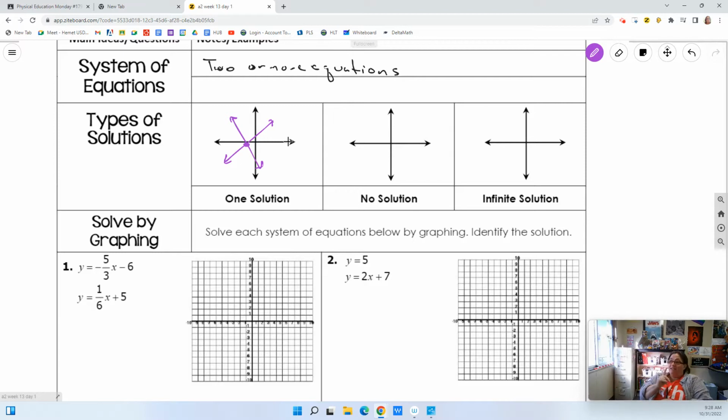Can you guys think of an instance where there's 2 lines graphed on a plane that there would be no solutions? So if where they intersect is where our solutions are, where would they not have any solutions?